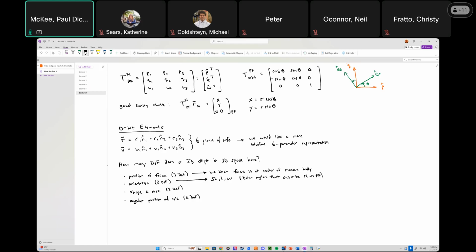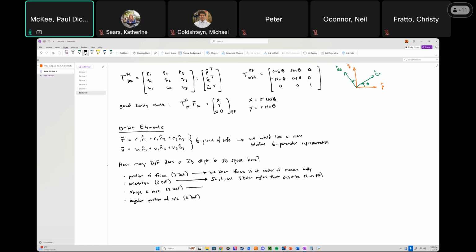So you could think of it as, we already have this matrix, Tn to Pf. It's an attitude transformation matrix. It's 3x3 that maps from the Newtonian frame to the parafocal frame, or from the ICRF frame to the parafocal frame, right? If we boil that down to 3 Euler angles, that's them, omega, i, and omega. We'll talk about how to do that in a minute, but hopefully that makes some sense.